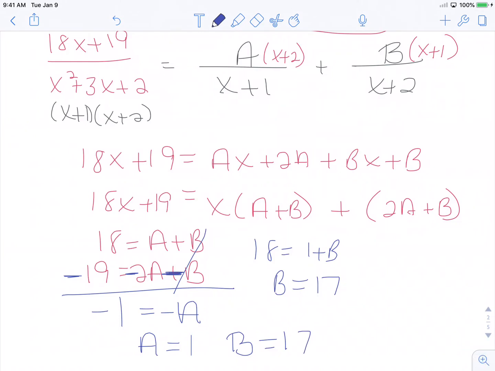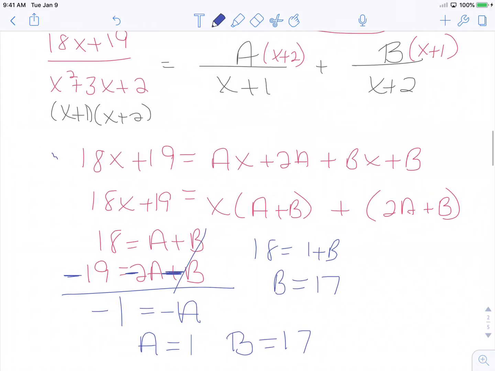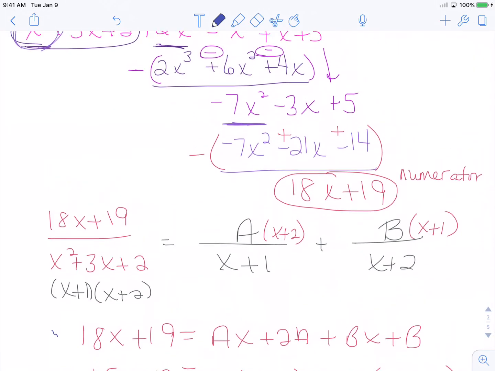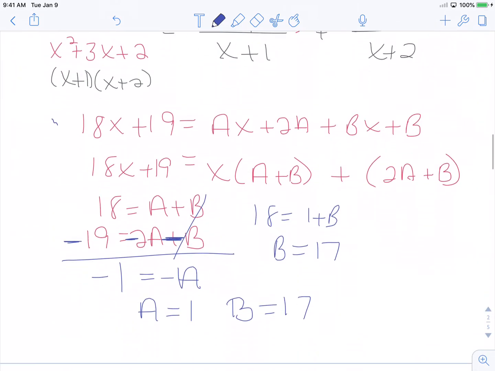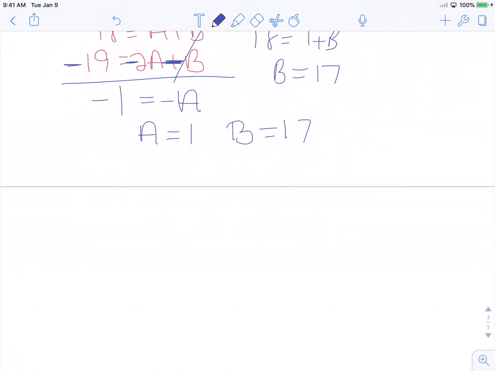That part was really easy compared to some of the other problems that were on the homework assignment. I think number 59 was probably the most involved problem, where you had a couple of equations to solve for. So when you write your final answer, don't forget about the part that we have way at the top in the numerator, because that's part of the final answer of our partial fractions.